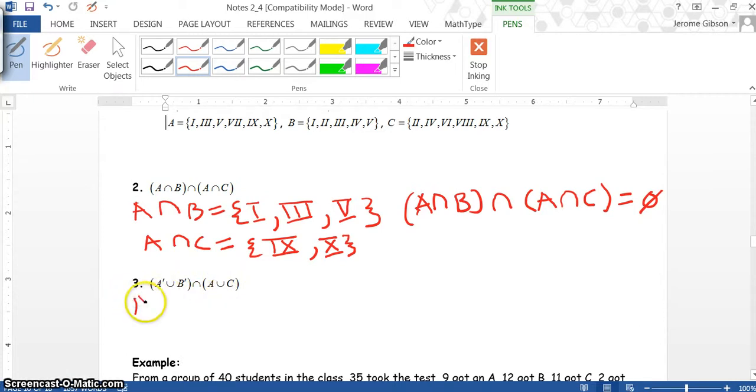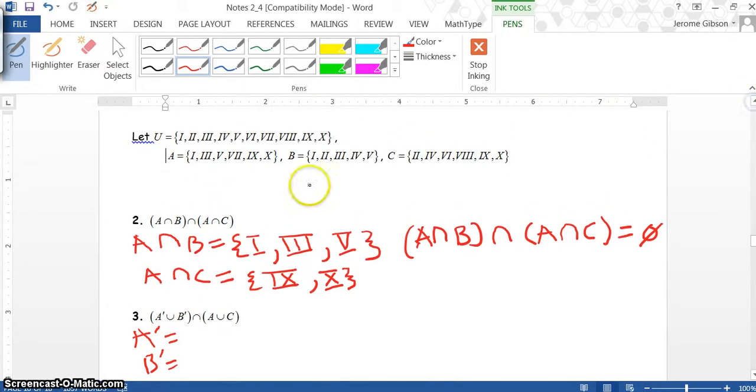If we take the complement of A and also the complement of B, the complement of A is basically all the values that are not contained in A, which would be 2, 4, 6, 8, that is it. That's not contained in A.